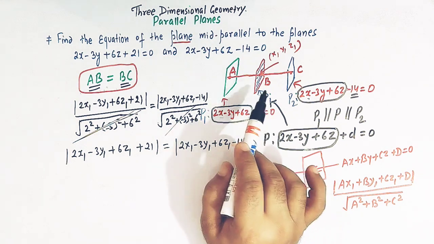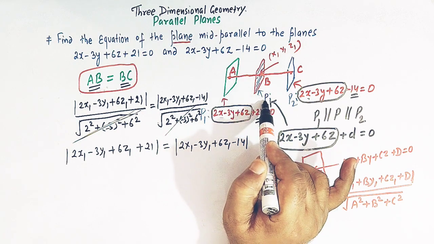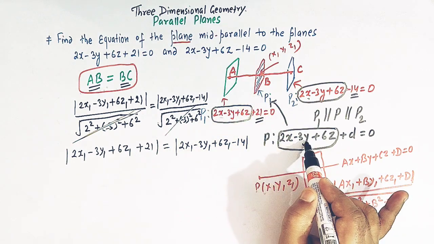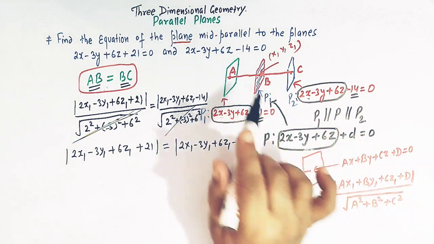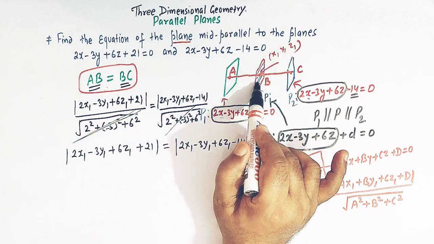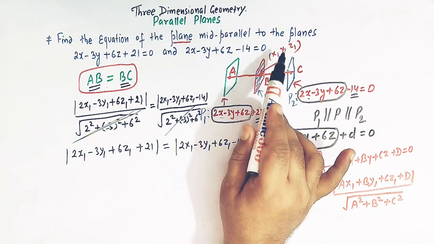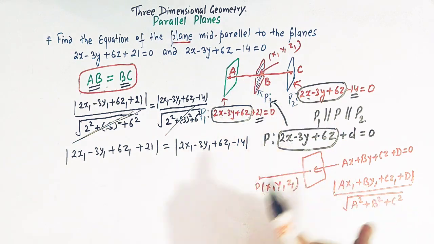Now see, in the equation of this plane P, we have 2x - 3y + 6z + d = 0. So this is the equation of this plane. And this point x1, y1, z1 lies on this plane. So this point, that is point B, must satisfy the equation of the plane P, right?